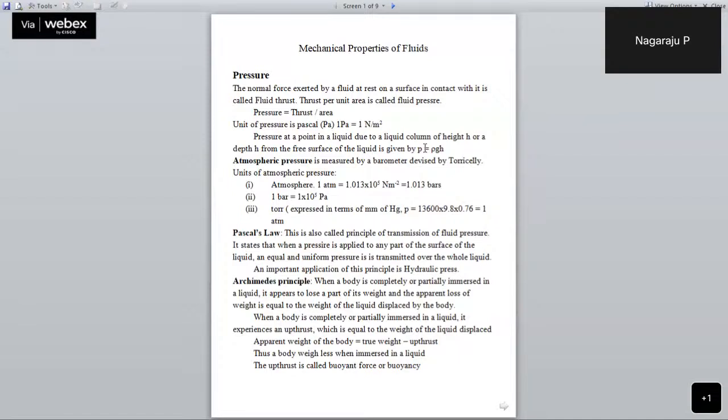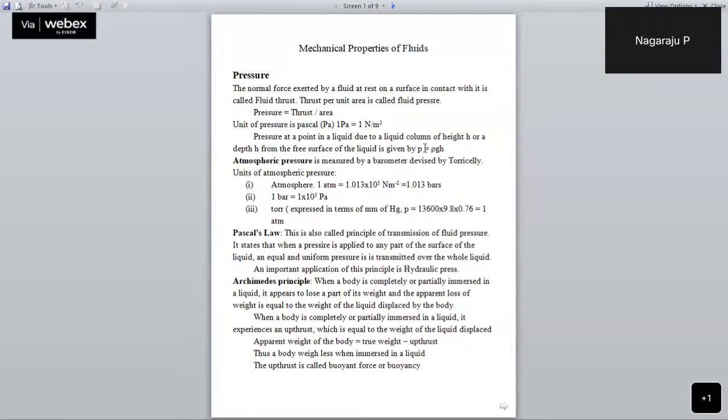And how do we calculate? As far as the measurement of pressure, we use the barometer, and there we use the mercury column. We don't go for water, because the density of water is only about 1000, whereas the density of mercury is 13,600 kg per meter cube.